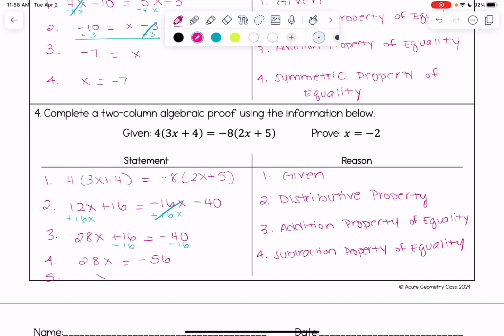And then I would have divided. And when I do that, I get x equals negative 2. So I would have taken that equation and divided by 28. And that's the division property of equality.